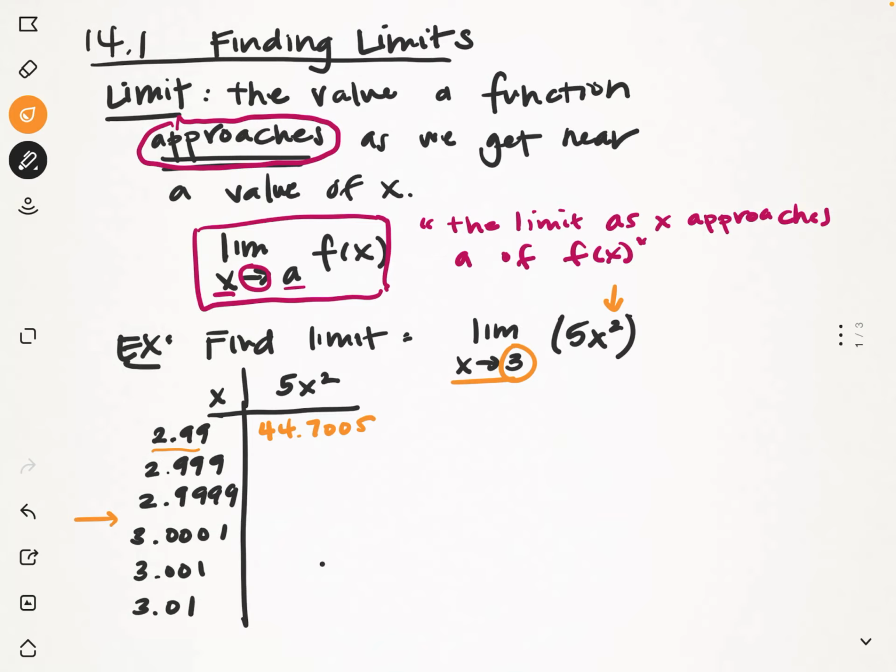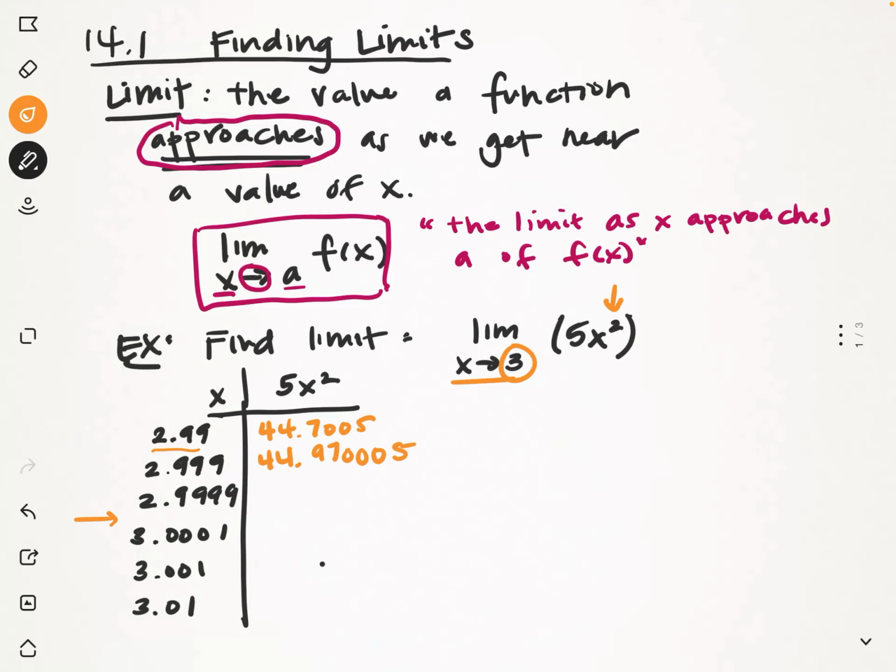Let's do the same thing for 2.999. It's going to be 44.970005.